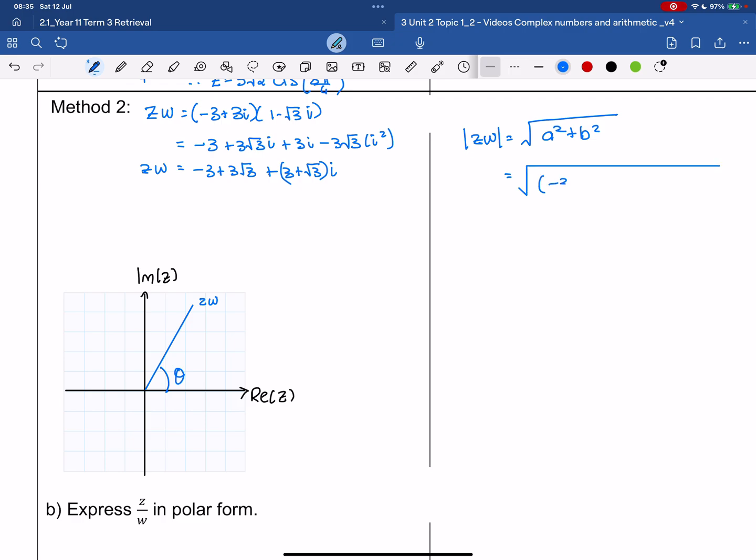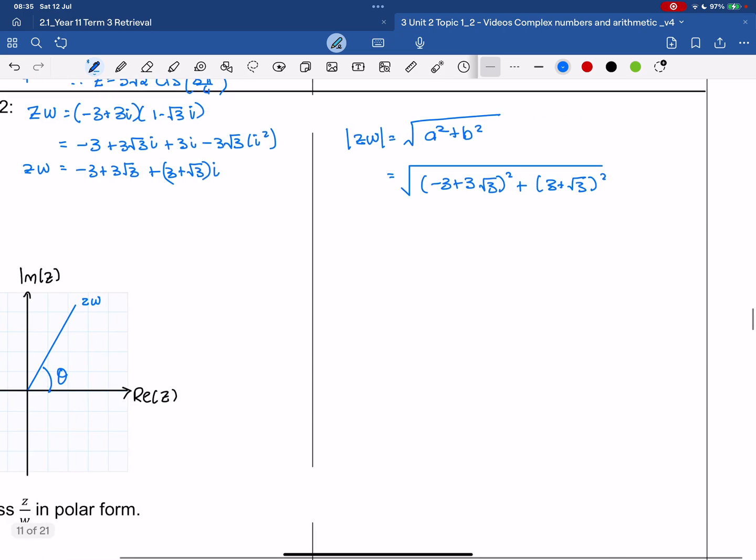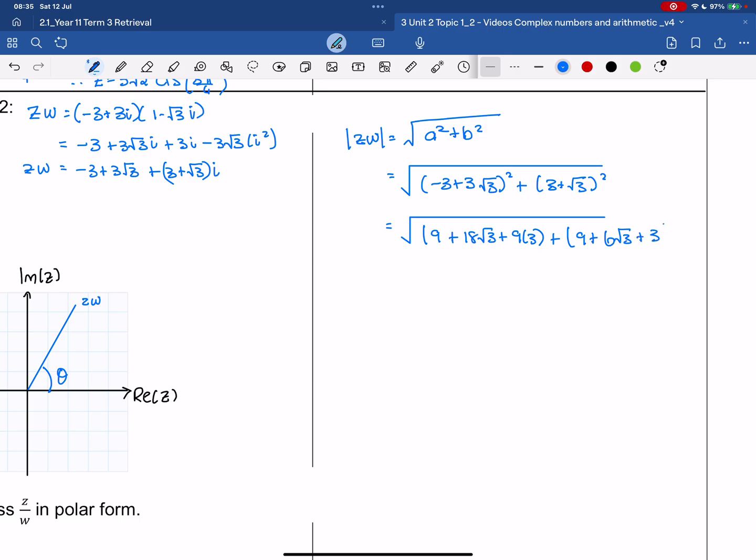Okay, so negative 3 plus 3 root 3 squared plus 3 plus root 3 squared. Okay, so 9 plus 18 root 3 plus 9 times 3. 9 plus 6 root 3 plus 3.